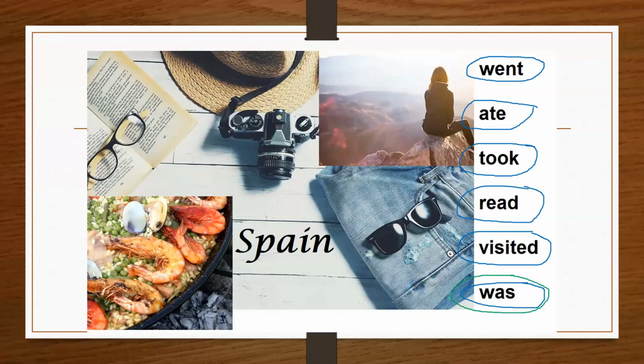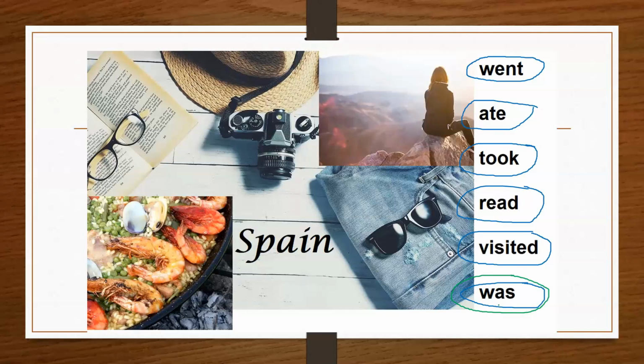Great. So which verb was twice, William? It was. Perfect. William, tell me something about my past holiday. You went to Spain. Great. Barbara, tell me something about my past holiday. You took lots of pictures.